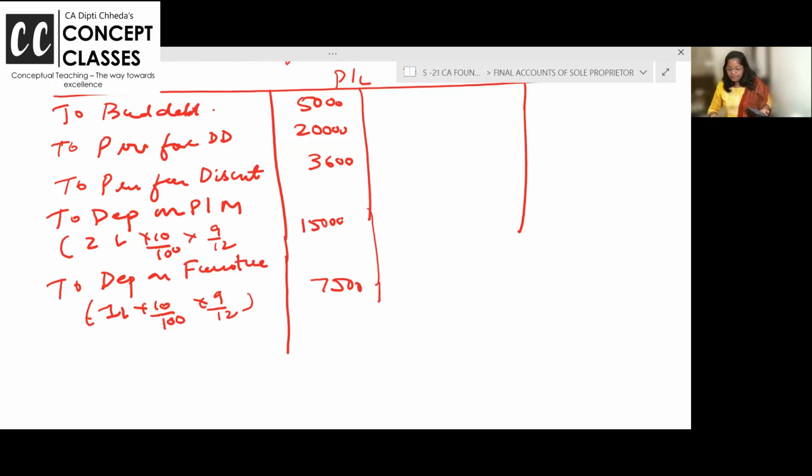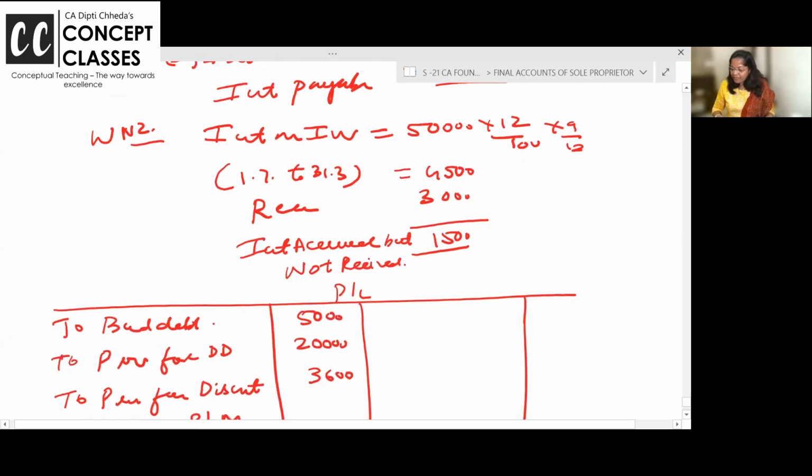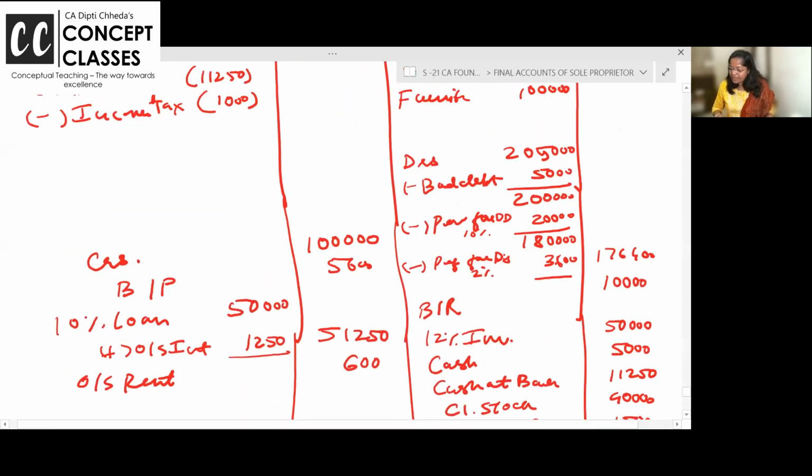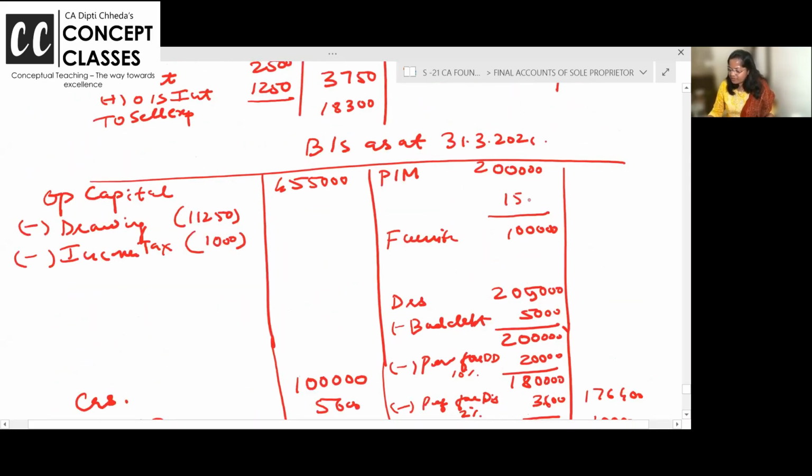So, the effect of depreciation: 15,000 on plant and machinery and furniture is 7,500. Total 92,500 and 1,85,000.